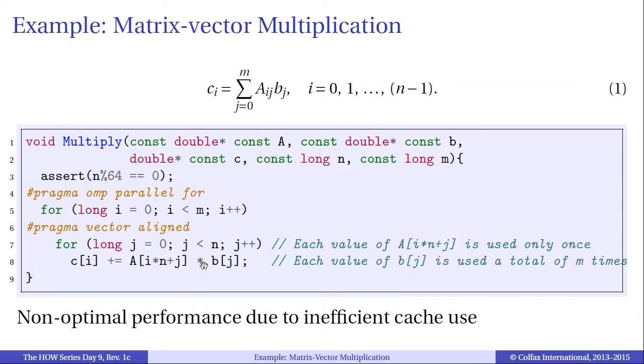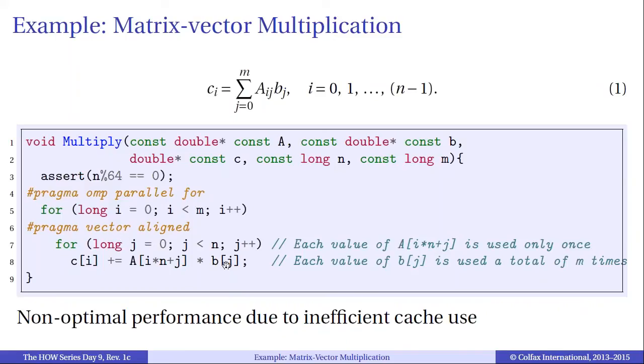So if you think about this algorithm, count how many times will you have to use every value of B. For example, B0, how many times do we use it in this entire algorithm? Well, B0 will be accessed once in this loop, and this J loop will be run m times.